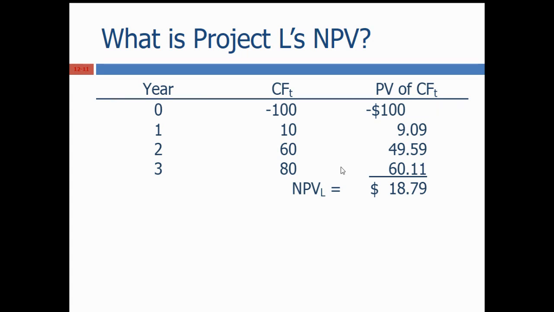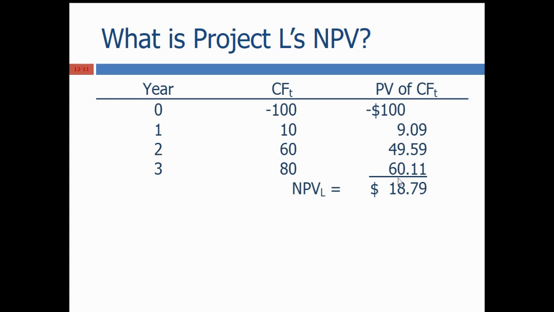Once you have the discount rate, cash flow times the discount rate gives you the PV. So 10 times 0.909, you get 9.09. 60 times 0.826, you get 49.59. 80 times 0.751, you get 60.11.